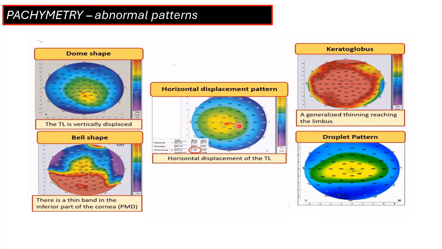In keratoconus or keratectatic diseases or abnormalities, you will find more displacement along the vertical coordinate, more than minus 0.5, or you will also find horizontal displacement of the thinnest point or thinnest location. The other thing is generalized thinning of the cornea, like this in keratoglobus, where you'll find generalized thinning reaching up to the limbus. These are all abnormal shapes of the cornea as far as the pachymetry is concerned.